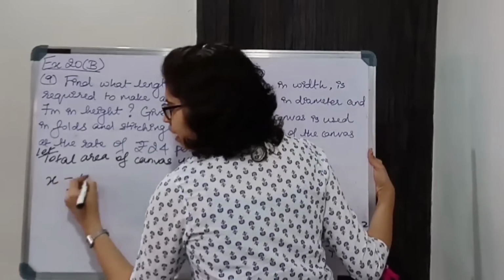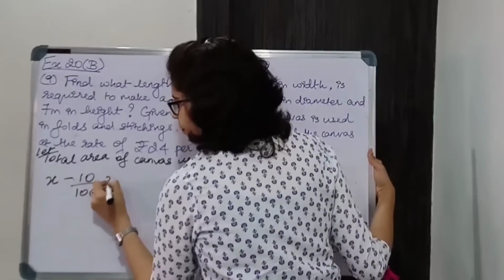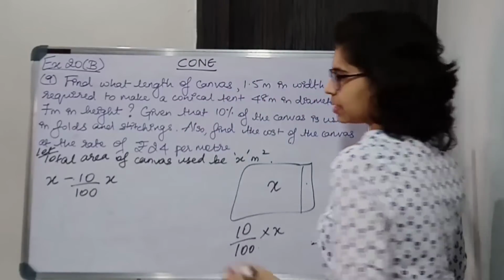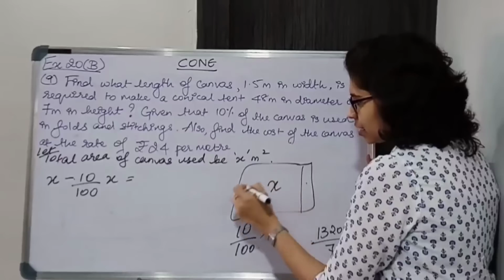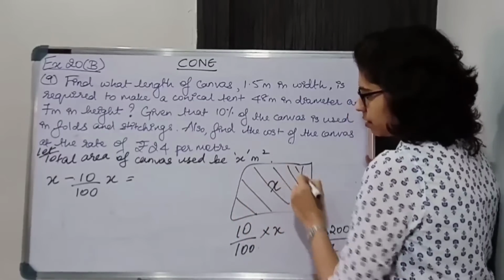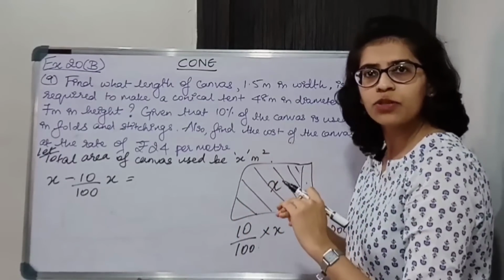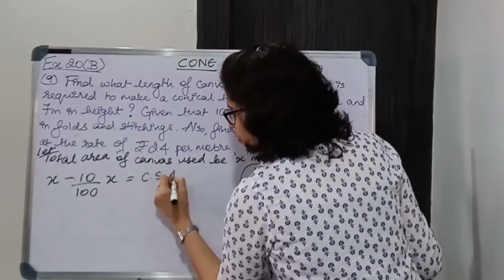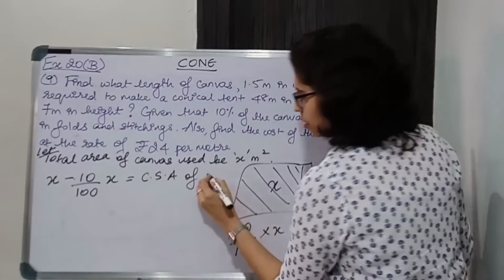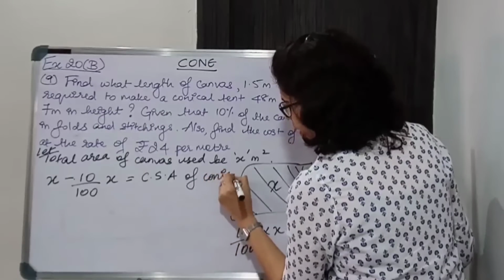So x minus 10/100 into x. From this, 10% was cut, so what is used in the conical tent? 90% is used as curved surface area, in the conical tent. So that is nothing but curved surface area of conical tent.